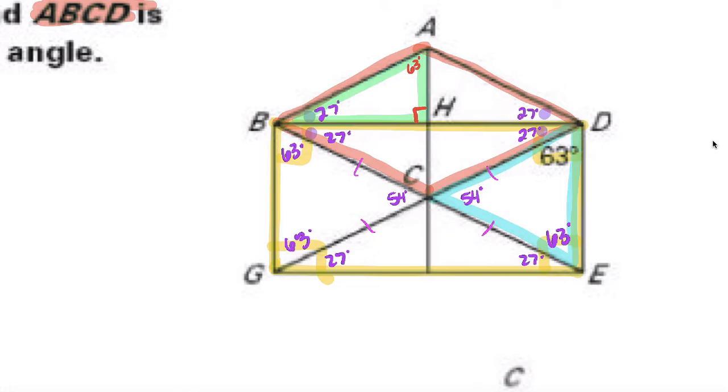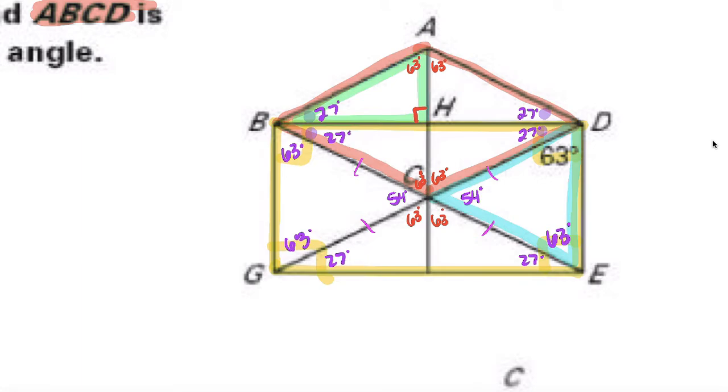And using the property that states that the diagonal of a rhombus will bisect its opposite angle pairs, allows us to get 63 there, and here, and here. Using vertical angle pairs, we can get 63 here and here. So lots of angles that we're able to know there.